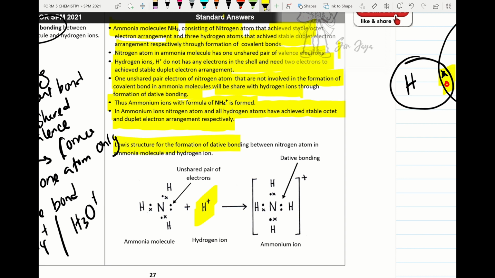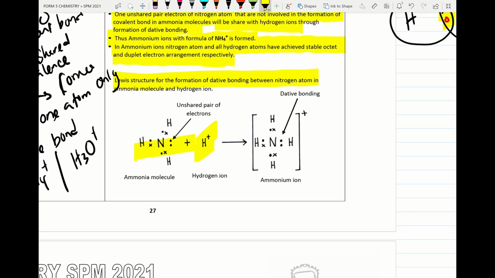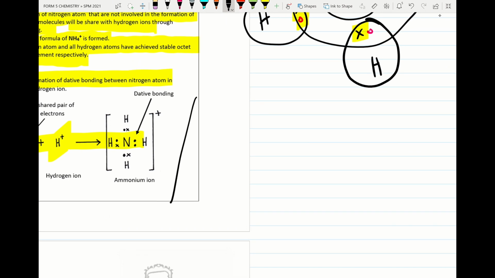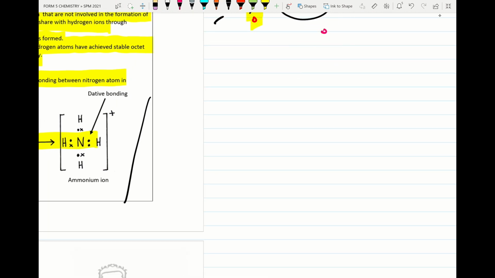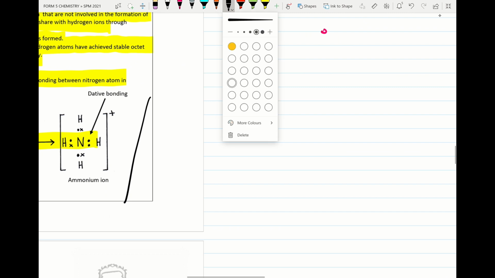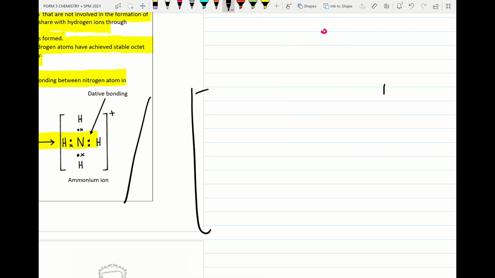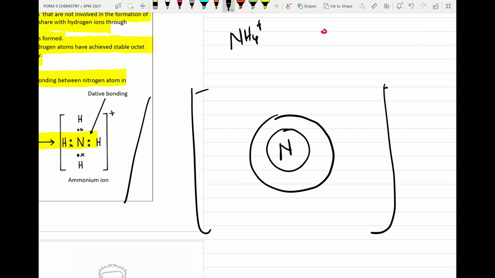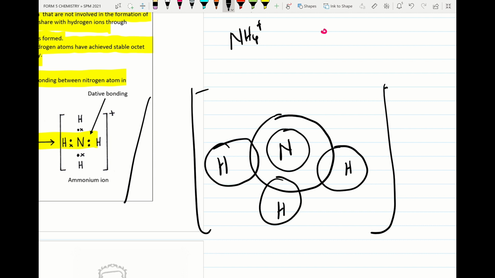Therefore, Lewis dot structure. We already drew the Lewis dot structure. If students don't want to draw this, they can draw it another way: open bracket, close bracket. So we draw the ammonium ion. I put here the nitrogen atom, which has 2 shells, and these are the hydrogen atoms. This is the formation of the ammonia molecule.